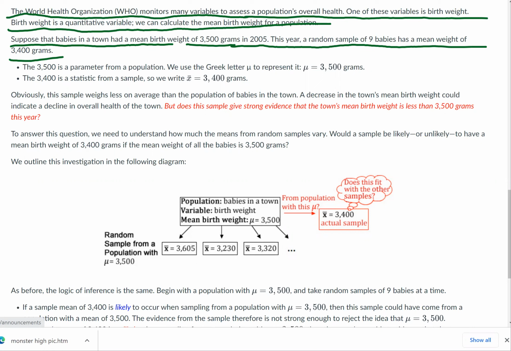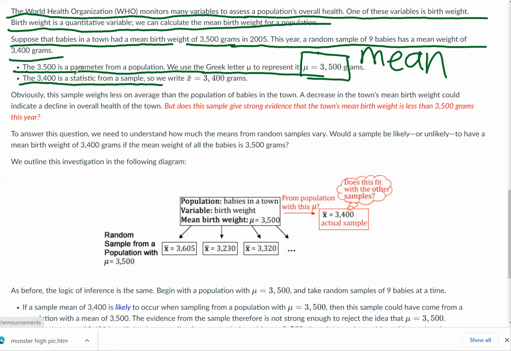So 3,500 is the parameter from a population. We use the Greek letter mu to represent it because it's the mean. Remember, we've used mu before for mean. And it's 3,500 grams, as they said. The 3,400 is a statistic from the sample. So we'll write X with a little bar on top, the sample mean.